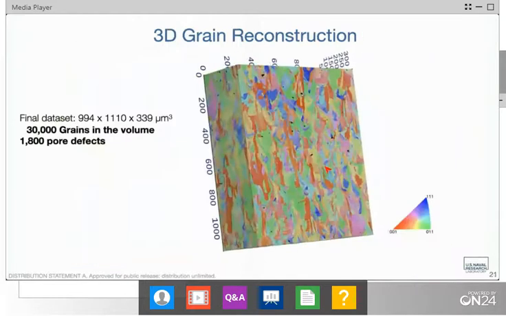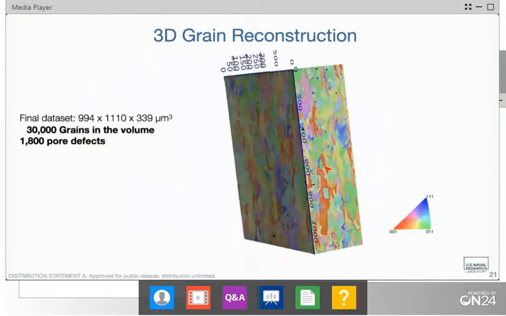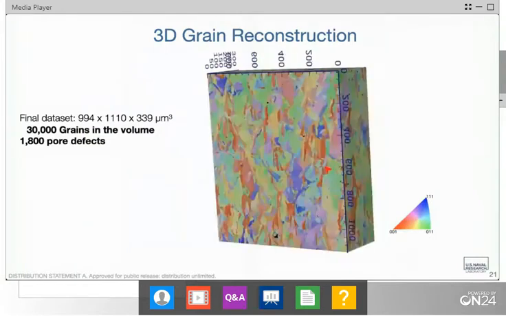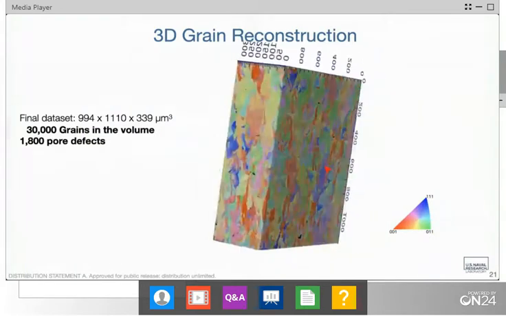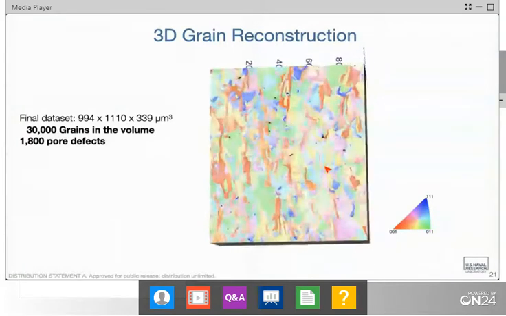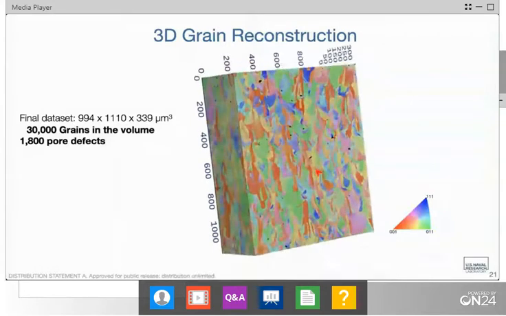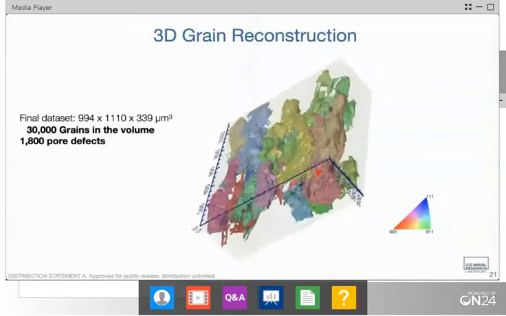So this is the data reconstruction. You saw a reconstruction of this earlier. You can see that it has this elongated structure, as you might expect from AM. One of the things that was surprising, though, was exactly how large the grains were within this reconstruction. So here I've removed the outside box, and I've reconstructed the 40 largest grains within the structure.